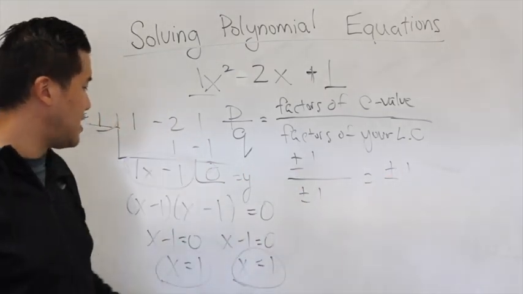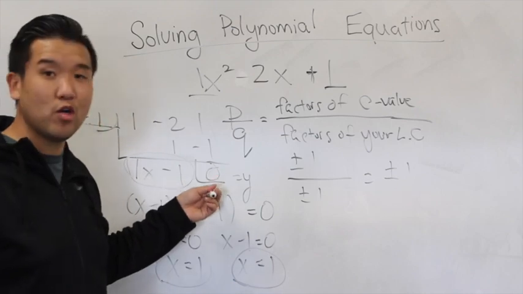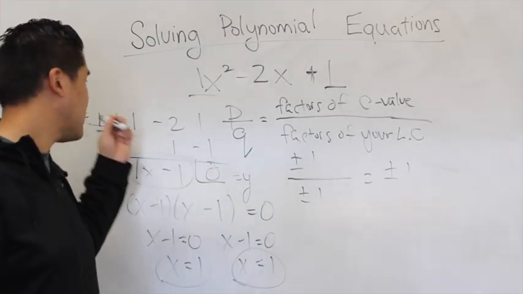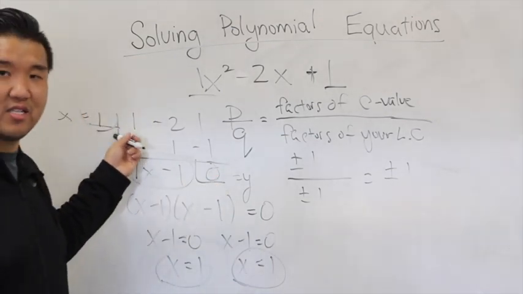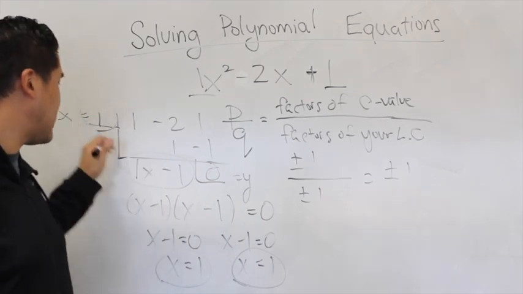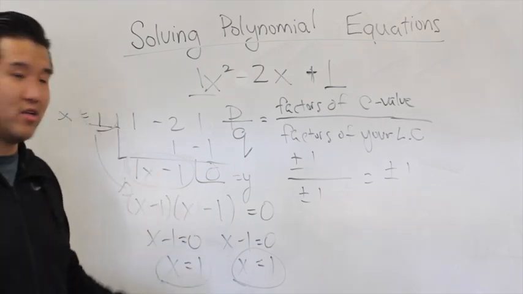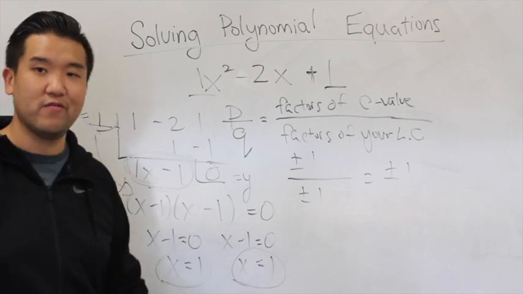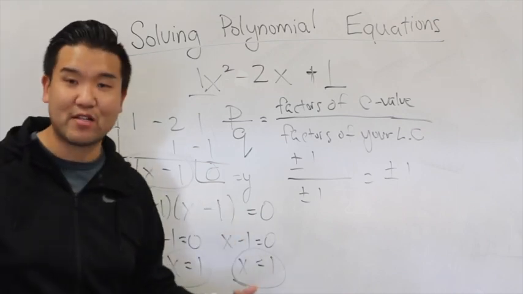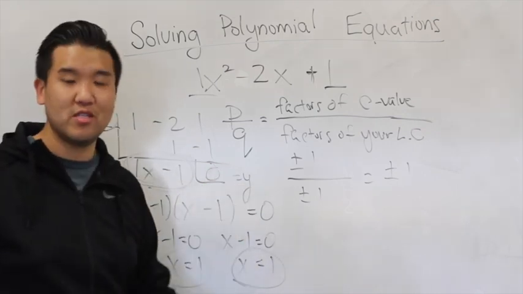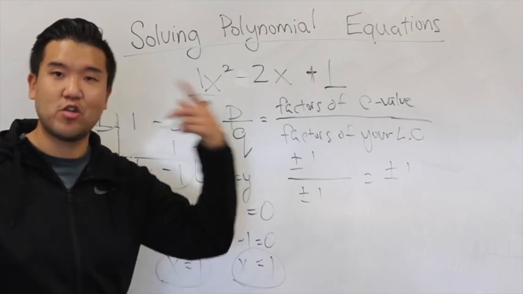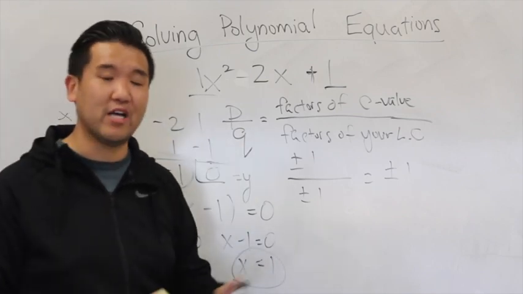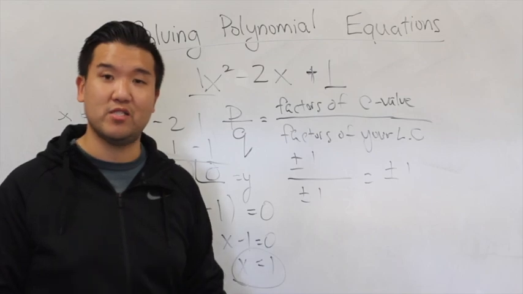You test it with synthetic, and when you get 0, that means this guy here is an x-intercept, which means x minus 1 is a factor. This is what's left over. We can't factor any further. Once we have everything in factored form, we set that equal to 0 and then we solve. So try to repeat the steps in your head over and over while you do these problems so you get faster at it.